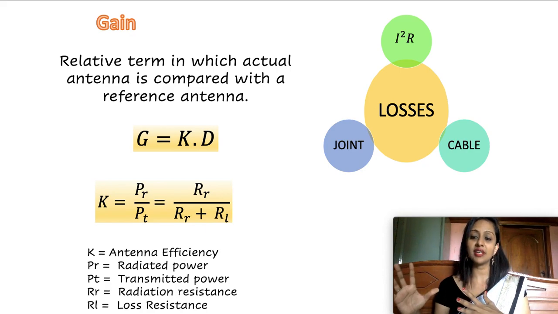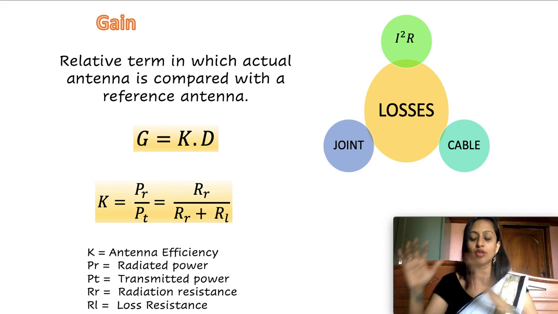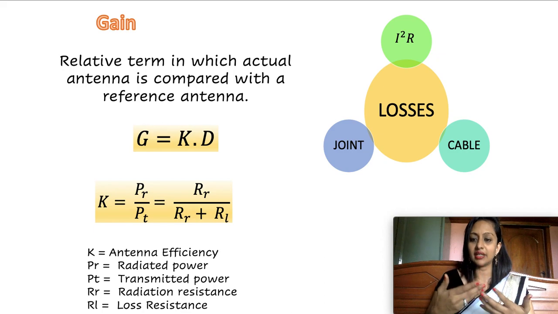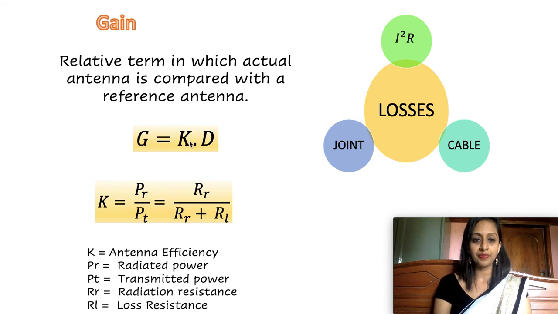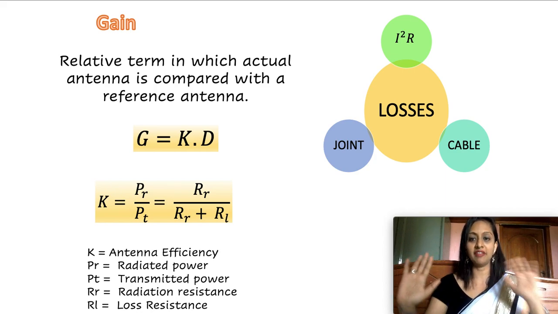Now my reference antenna is what? Directivity of an omnidirectional antenna, which is an ideal case. So keeping that in mind, if I design an antenna, how well will the gain match the directivity? If we assume K, which is the antenna efficiency, to be 1 or 100%, what will be the gain? Exactly equal to directivity. So ideally, directivity is my very well known factor.